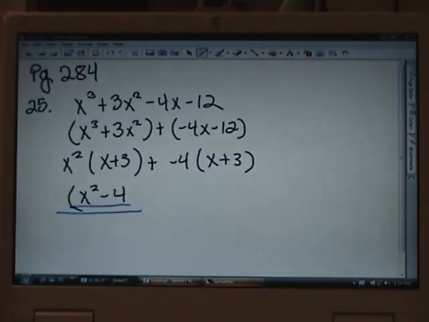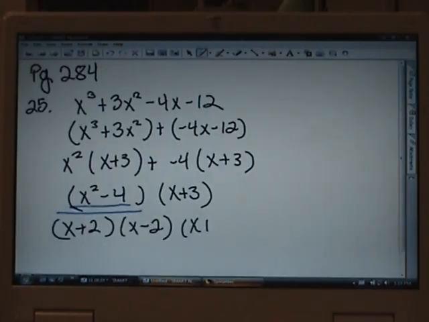Difference of two squares. (x plus 3)(x plus 2)(x minus 2), (x plus 3).